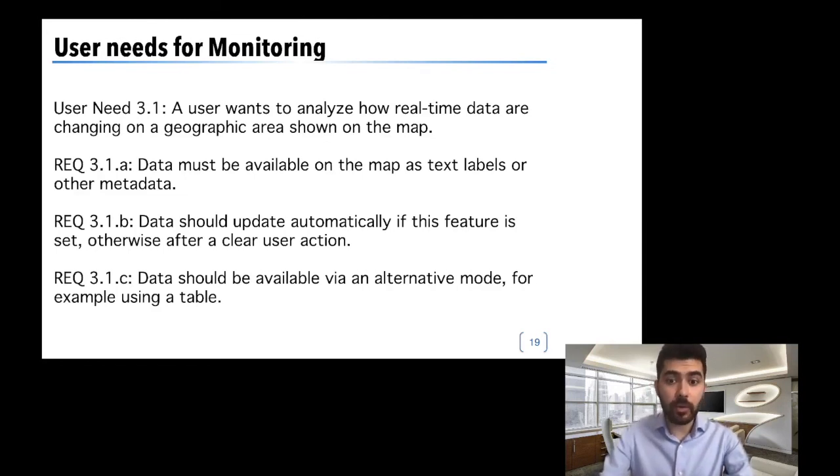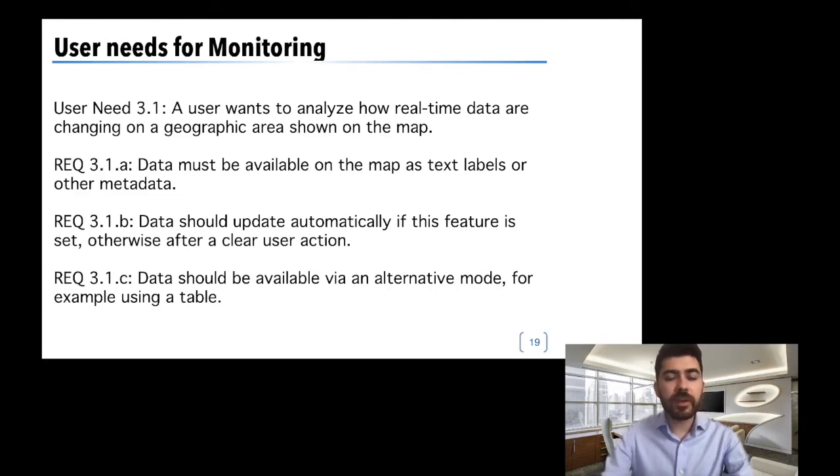Data must be available on the map as text labels or other metadata that should be updated automatically if the feature is switched on, because not every user may like the automatic update of information, but may rather want to update with a refresh or with a specific user action.